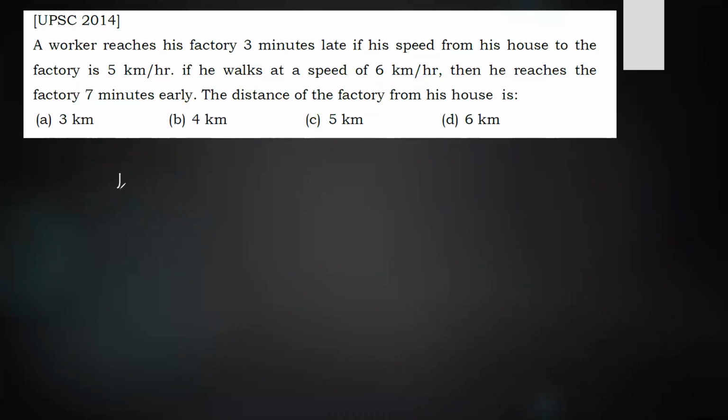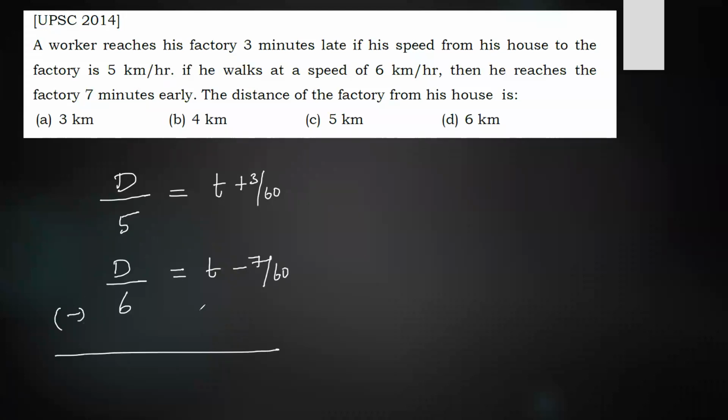So distance by speed. Distance by speed is here d by 5. The time taken is 3 minutes late, so 3 by 60. Next line, same distance: if I travel at 6 km per hour, 7 minutes earlier, so 7 by 60. That's all. If you solve this, you will get the value.